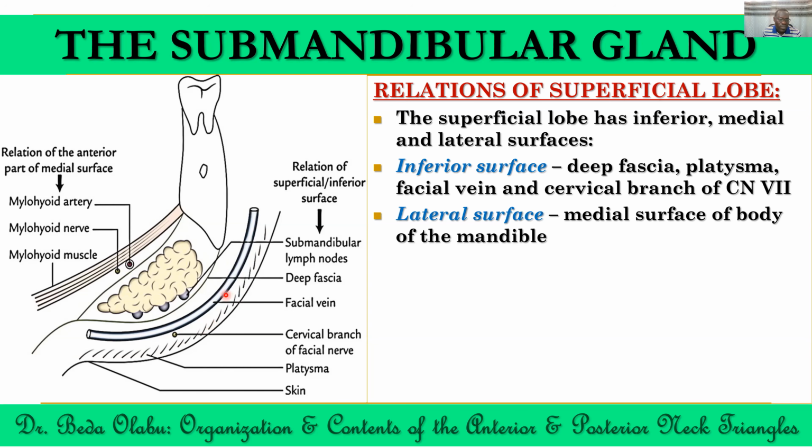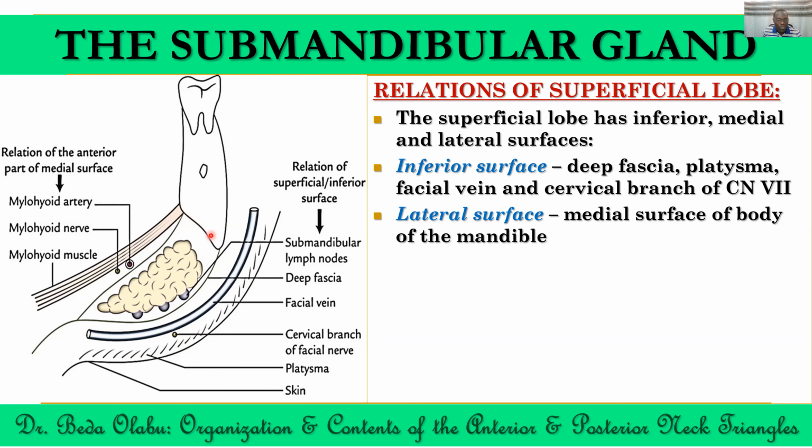The lateral surface, which is this one, as you can see in this particular image, will be related to this side of the mandible. So remember, if this is the mandibular body, this is the lateral surface of the mandible. This is the medial surface of the mandible. On this medial surface of the mandible, there's a depression made by the impression of the submandibular gland. We call this the submandibular fossa.